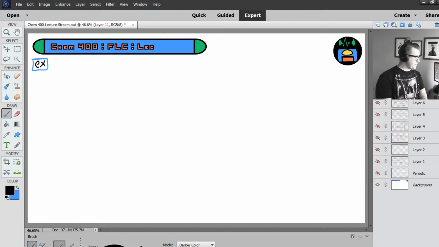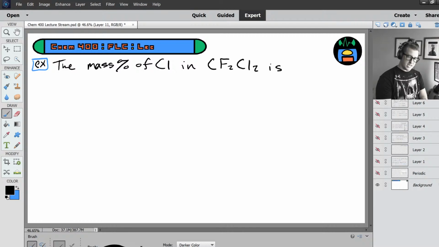All right, so in this example, I tell you that the mass percent of chlorine in the molecule CF2Cl2 is 56.64%.